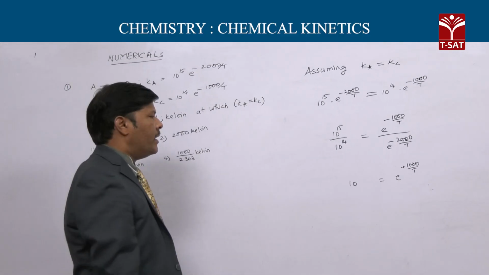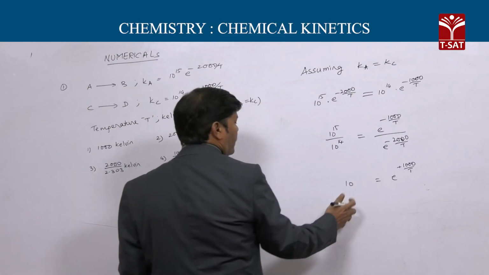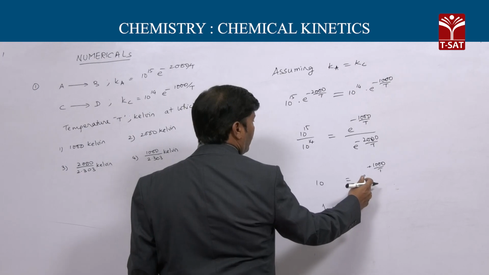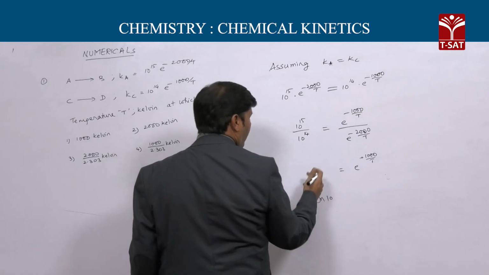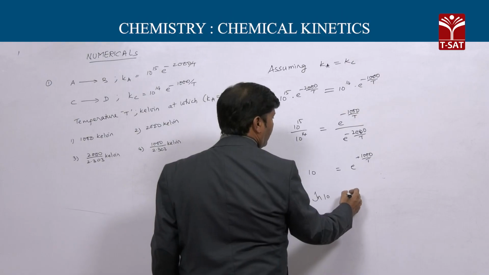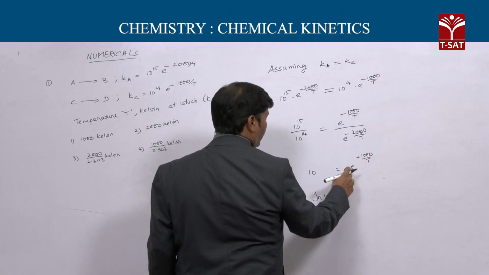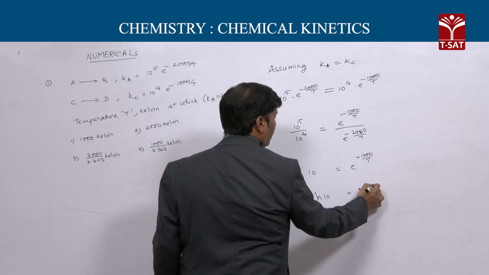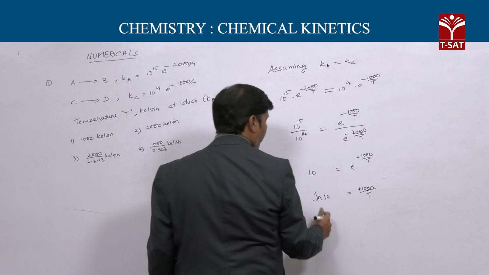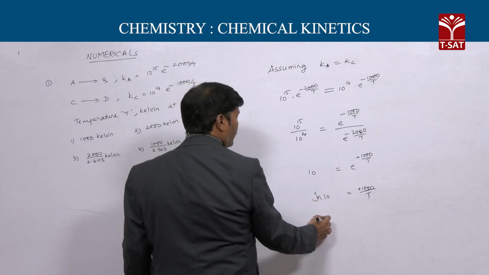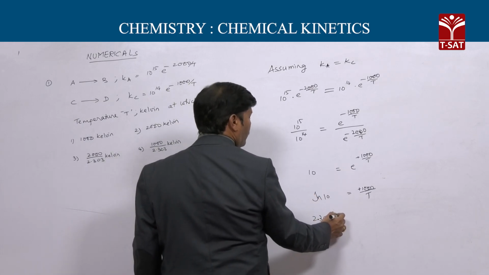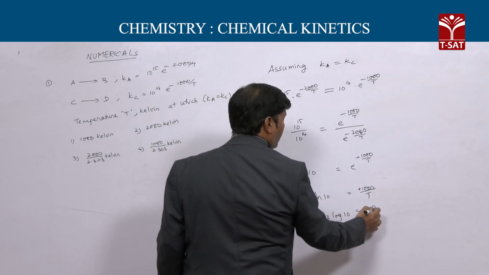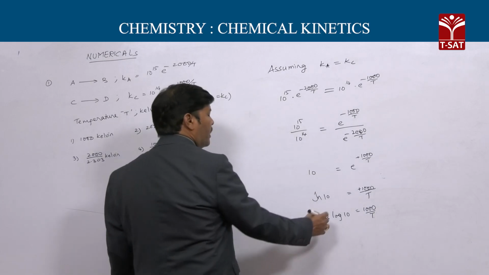So what is happening here? You bring the exponential to the LHS, it is going to become ln of 10, because when you bring the exponential to the LHS, it becomes ln, which is equal to plus 1000 divided by temperature. Now ln is equal to 2.303 times log, so 2.303 log of 10 is equal to 1000 divided by T. But log 10 is 1.